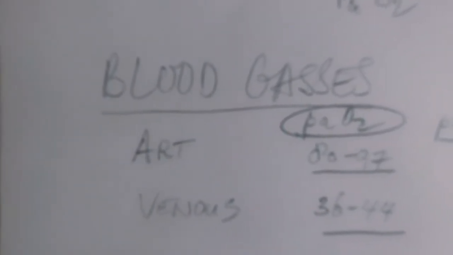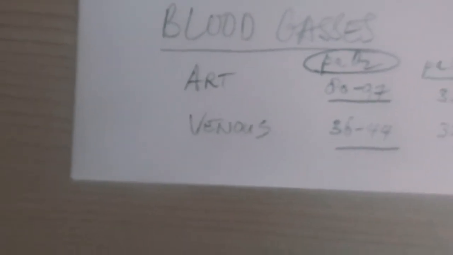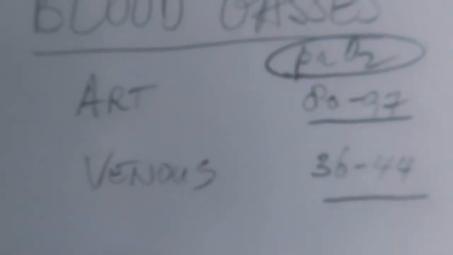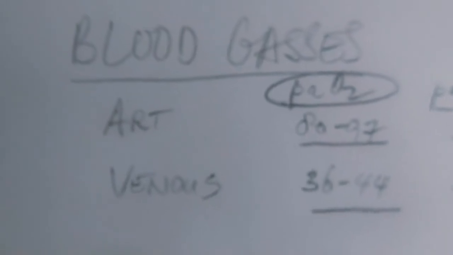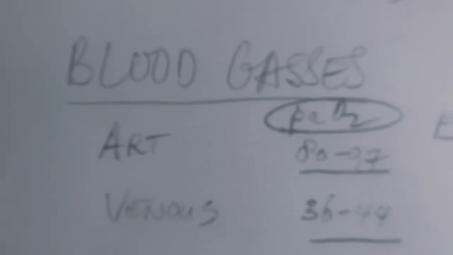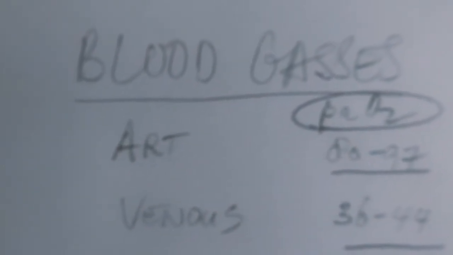So the PaO2 is 80 to 97 for arterial blood, but if you take a venous sample, the blood gas is much lower, 36 to 44. So on average, you say a normal PaO2 for venous blood is around 40.